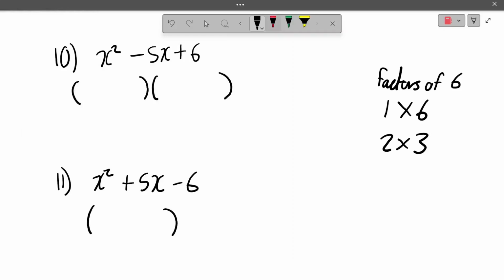So we're going to put x, x, x, x. Now, how do I multiply to make a positive but add to make a negative? Well, I'm going to need two negatives here. For the top one, 1 minus 6 is minus 7. Minus 2 minus 3 is minus 5. So it's a 2 and a 3.